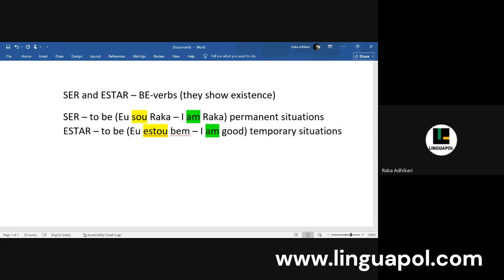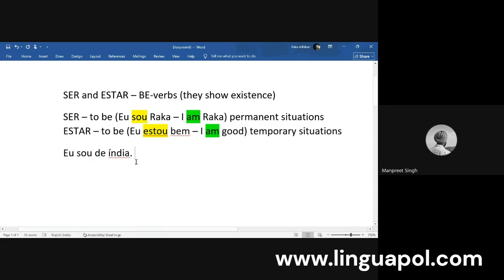Okay. So let us see some more examples. If I say eu sou da Índia. In European Portuguese, I'll say eu sou da Índia, or in Brazilian, we will say eu sou da Índia. What is the meaning of the sentence?